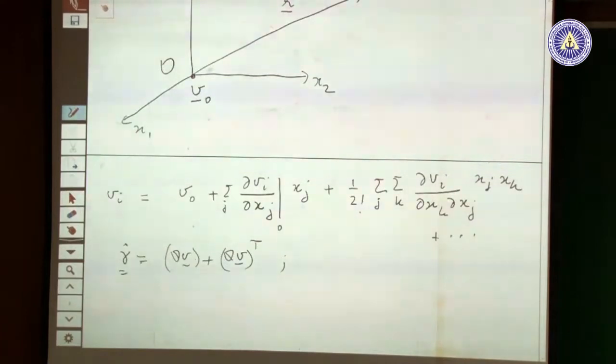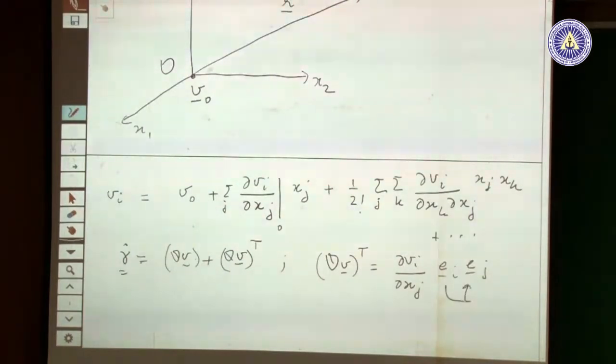And so in index notation, we could write grad v transpose, for instance, as del vi by del xj times ei ej, where this is a dyadic product of unit vectors.